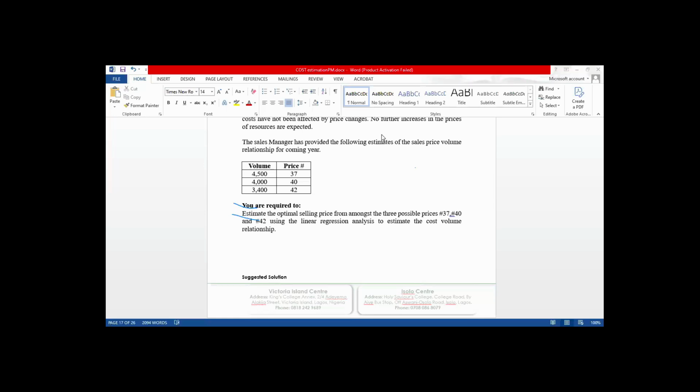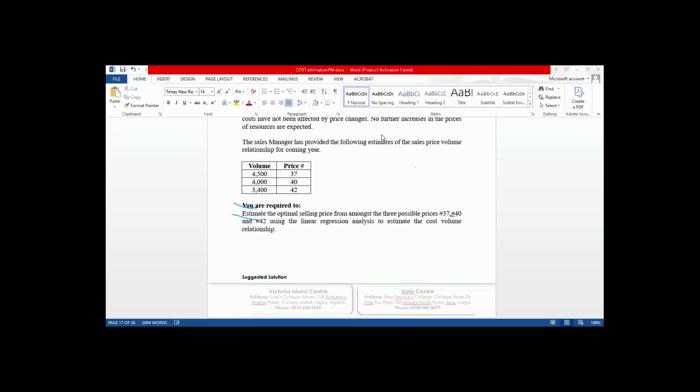Look at the requirements here. Estimate a selling price. Determine the selling price the company should set. Estimate optimum selling price.